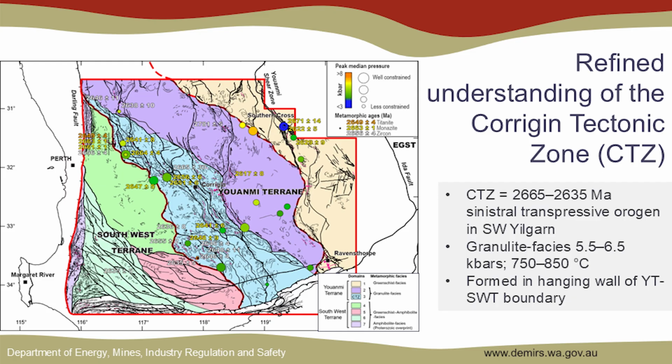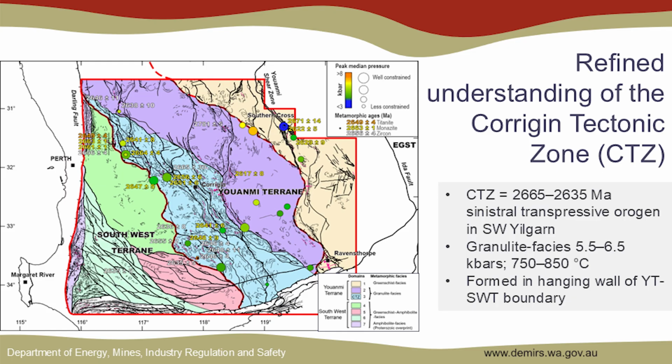And based on this mapping, we can interpret that the Corrigin tectonic zone is a sinistral transpressive orogen that formed in the hanging wall of the terrain boundary, with peak metamorphic conditions of about 5.5 kilobars to 6.5 kilobars, temperatures of 750 to 850 degrees C, all that attained at about 2665 to 2635 Ma.